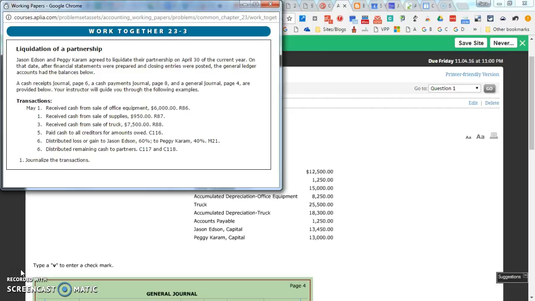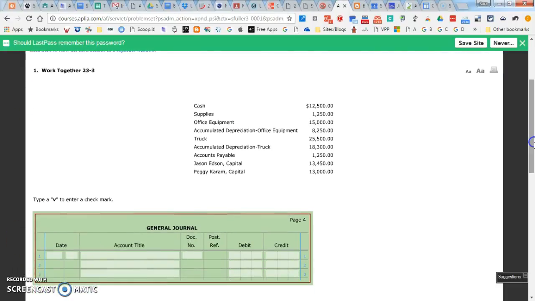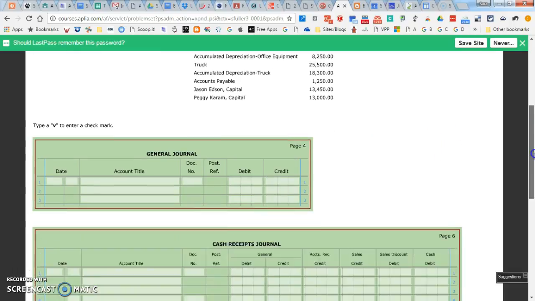So our first transaction is May 1st. We received cash from the sale of our office equipment. So that is going to go in cash receipts. So we've got $6,000. And we also will have to look up here.